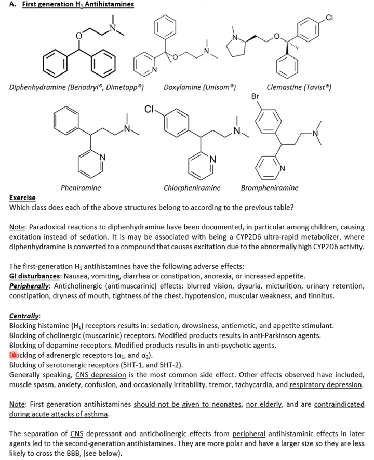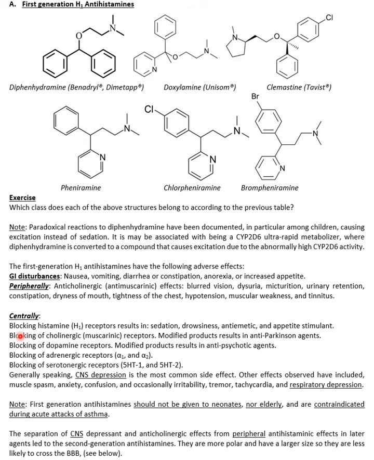Another central effect of the first generation antihistamines is blocking the dopamine receptor, and thus they should be avoided in people with psychotic diseases. In fact, further modification of the antihistamines led to the discovery of antipsychotic agents. Additionally, you have other effects on the adrenergic receptors and serotonergic receptors.